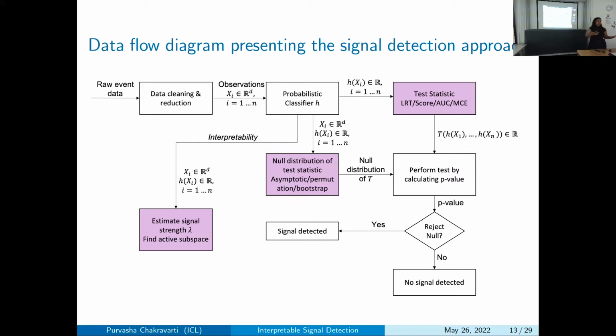They're generally just taking the asymptotic distribution, and we see in our experiments that the asymptotic methods do not work very well. The permutation and the bootstrap methods perform better, so it might be better to use these techniques. And finally, in the model independent framework, they don't really have any methods for interpretability. So those are basically our contributions.